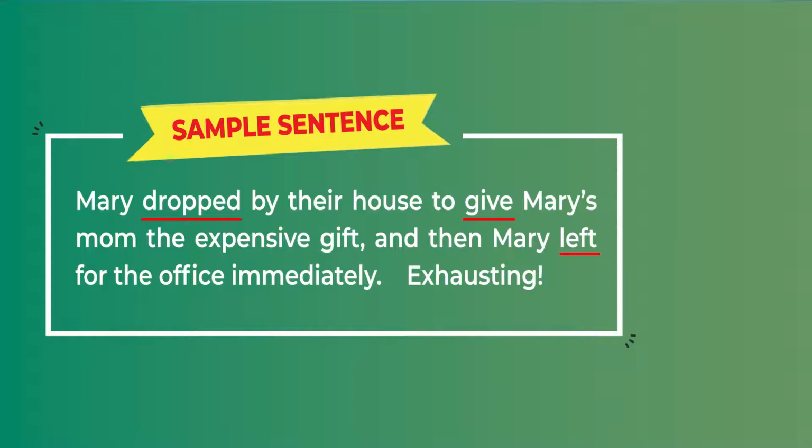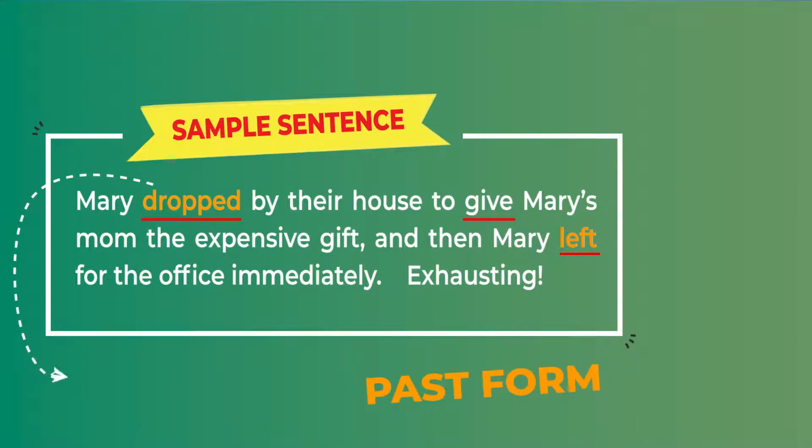Give is in its present and base form. Meanwhile, dropped and left are in their past form. Can you spot the difference in their spelling? Excellent! Dropped is the past form of drop, which is a regular verb.